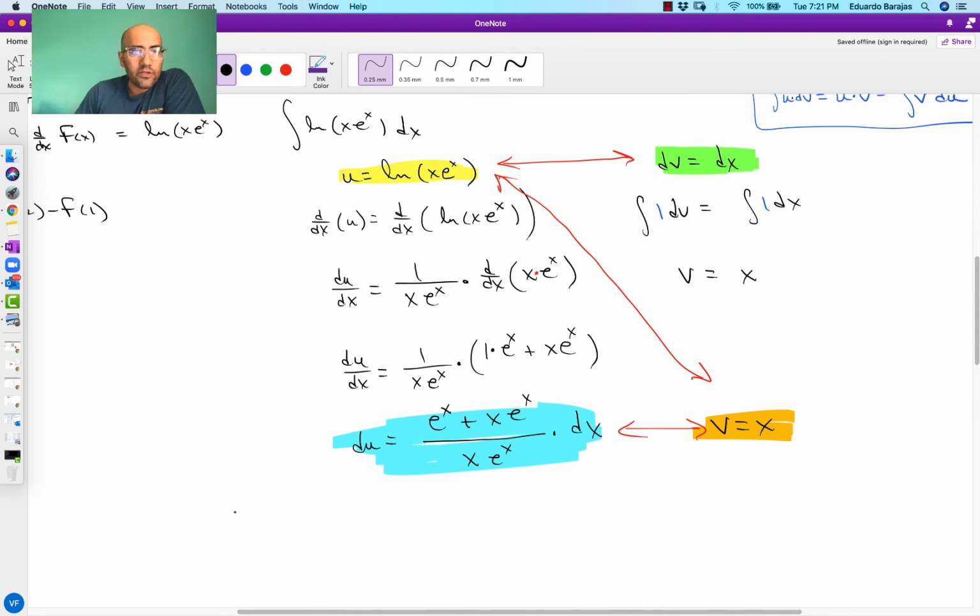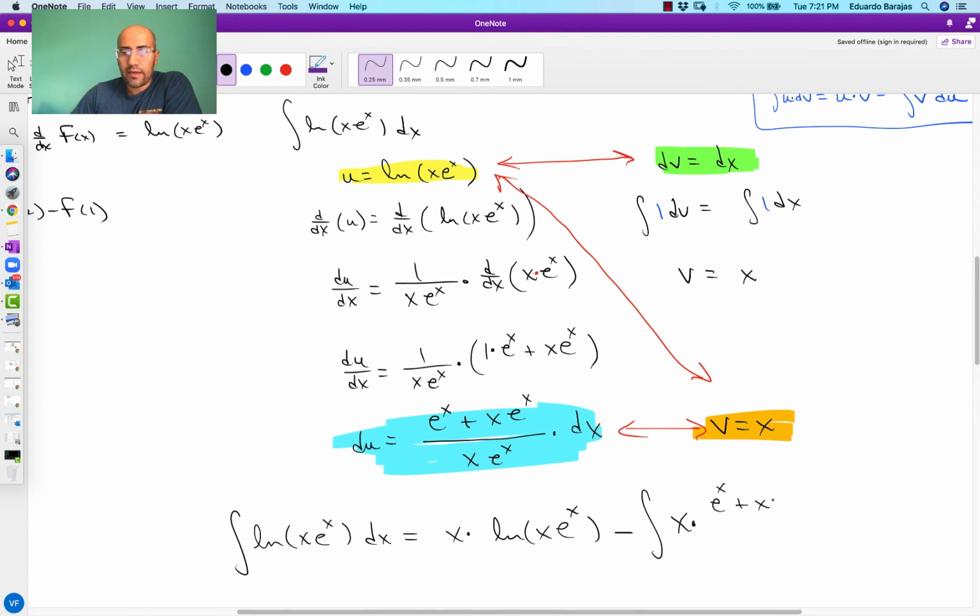The original integral, the integral of ln x e to the x dx, is equal to the multiplication of those two, x times ln x e to the x, minus the integral of these two, which is x times this ugly thing, e to the x plus x e to the x divided by x e to the x, dx. Good. And then luckily these simplify. This cancels with that.